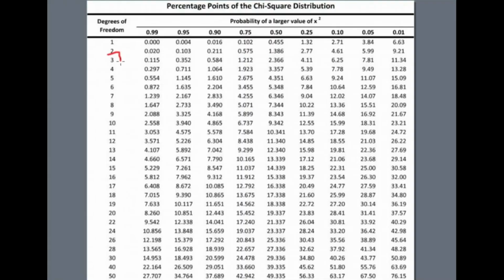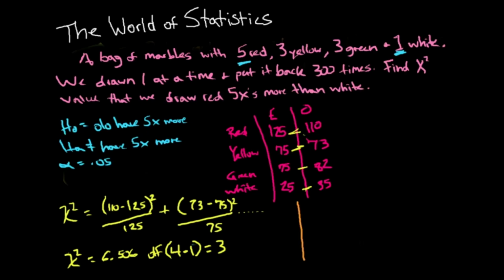So we had 4 minus 1, which put us at 3 degrees of freedom at 0.05, which gives us a critical value of 7.81. So coming back over here, we know that our critical value on the chi-squared test is 7.81. So anything beyond that is the rejection region.